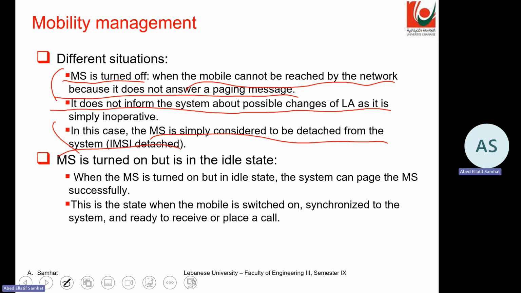Okay. There is another situation where the mobile station is turned on, but it's in an idle state. In this case, the system can page the mobile successfully. This is the state typically when the mobile is switched on. The system will run the paging using the paging channel, which is a kind of synchronization to let the system be aware that the mobile is now in the system.